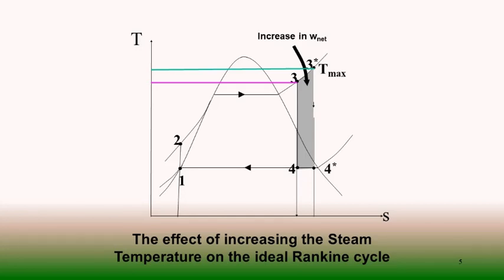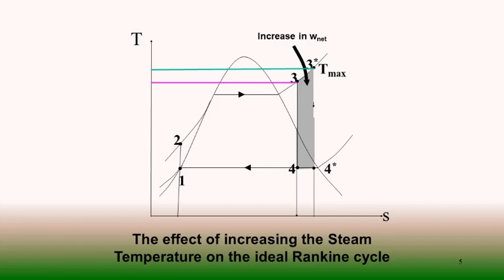Increasing the superheater temperature has a direct impact on cycle efficiency, but superheat temperature is dependent upon the metallurgical limit of oxidation of the tube material. So we can go at maximum up to the design material temperature within the oxidation limit of the tube material, beyond which it is not possible.